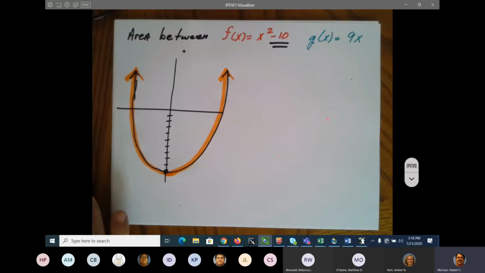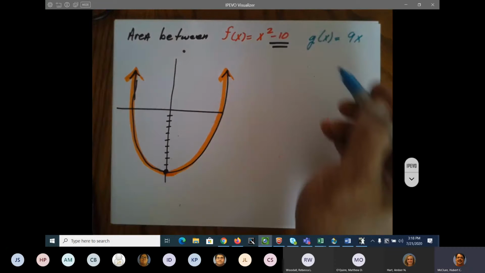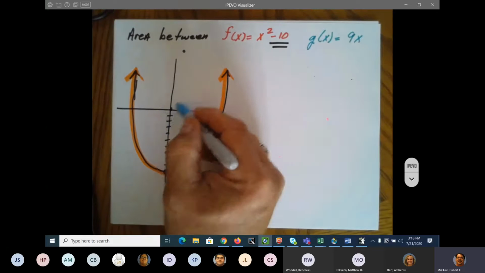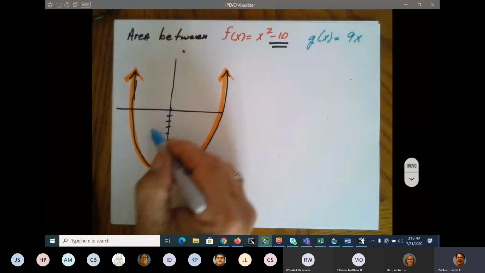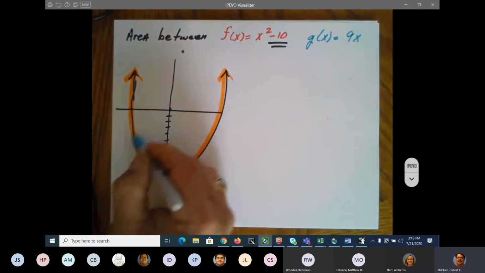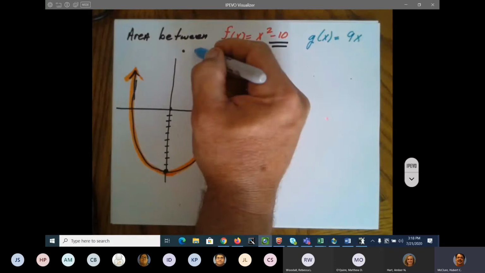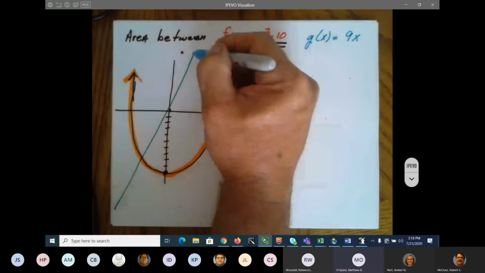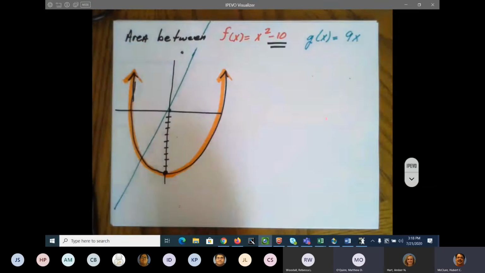It's just highlight. g of x is 9x, so that means it's crossing right here. We know a 45-degree angle is probably 1 to 1, so that means 1, 9 is going to be something like that.